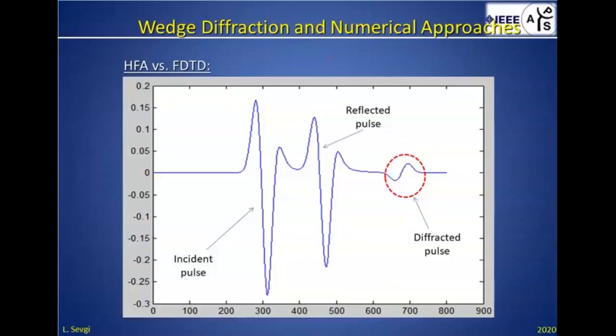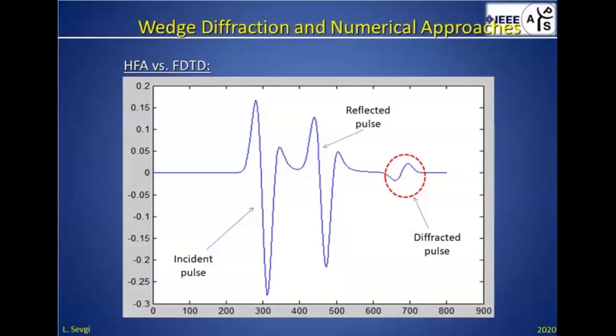So, if you choose one receiver around the wedge, you get this type of time variation. The vertical axis is the signal strength, and the horizontal axis is time. At a chosen receiver, first the incident field comes, then the reflected pulse comes. You see, they are pulses in time, and then the diffracted pulse comes.